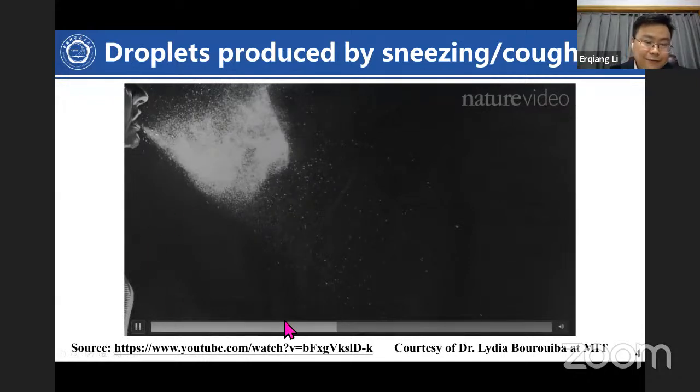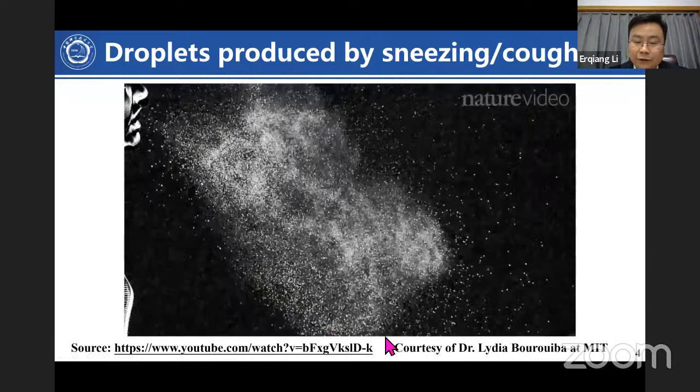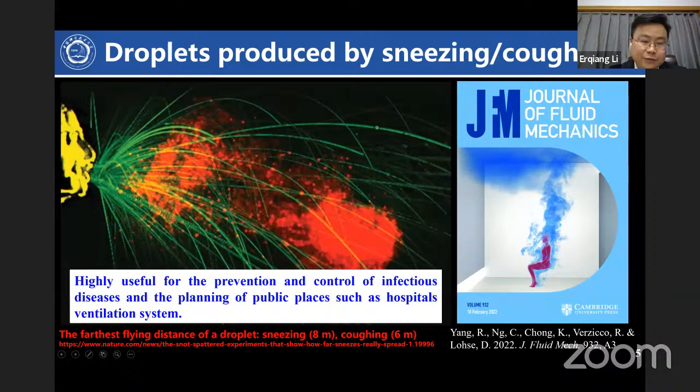If we sneeze, the drop can fly 8 meters, I mean, if there's no wind, and if we cough, it can fly 6 meters. So understanding how these droplets move in the air is highly useful for the prevention and control of infectious diseases, especially if we design buildings such as hospitals and schools, to design the ventilation system.